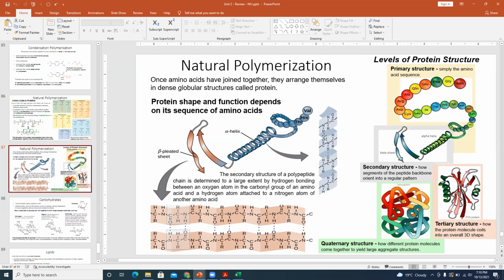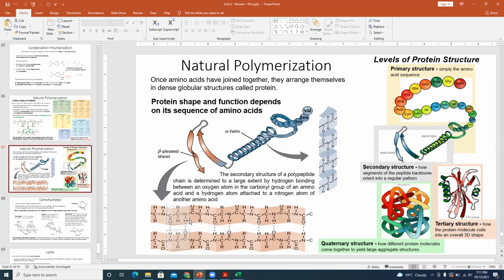The secondary structure of these polypeptides is then determined by this hydrogen bonding between the oxygen atom of the carbonyl group and the hydrogen of the amino group attached to the nitrogen of another amino acid.